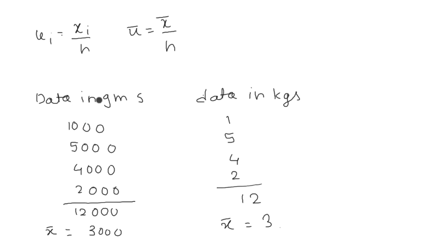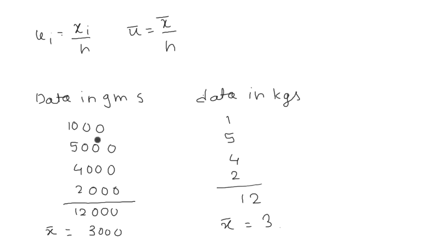Suppose I have data in grams, that is 1000 grams, 5000 grams, 4000 grams and 2000 grams. And the total is nothing but 12,000 grams. So the arithmetic mean of this data is nothing but 3000 grams. And now I want to convert that data which is given in grams into kgs.